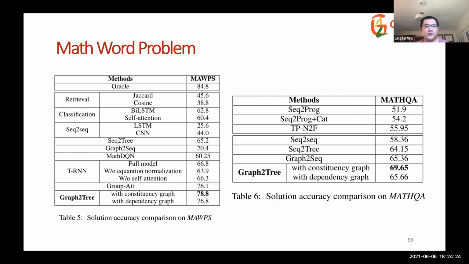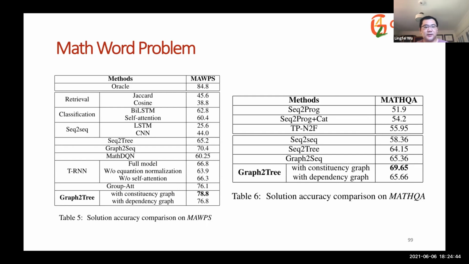So we have been showing this on a simple problem, the math word problem. This is a very small NLP application, but it has gained popularity in recent years. And we found that, compared to the current state of the art, we have two observations.